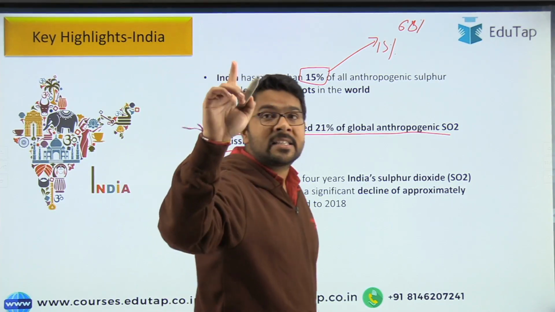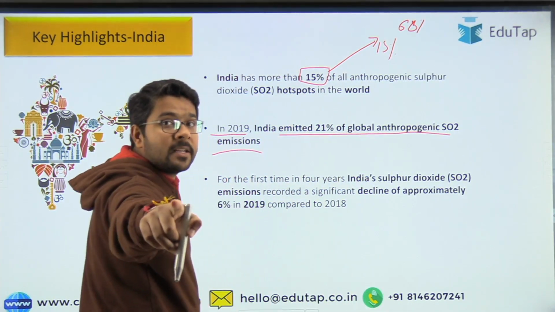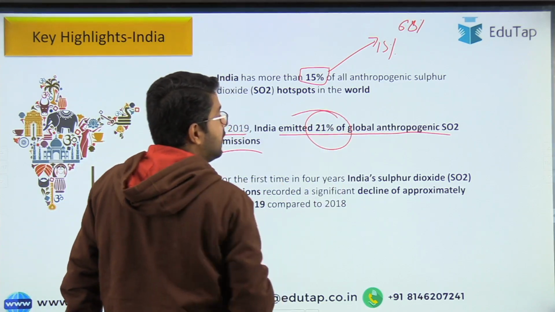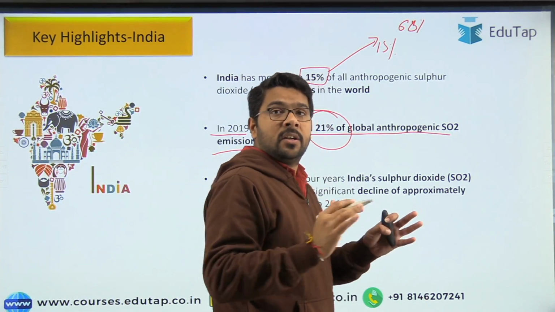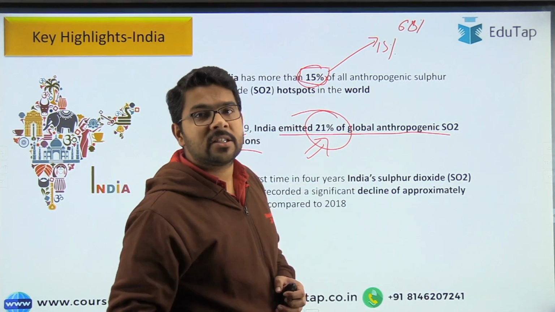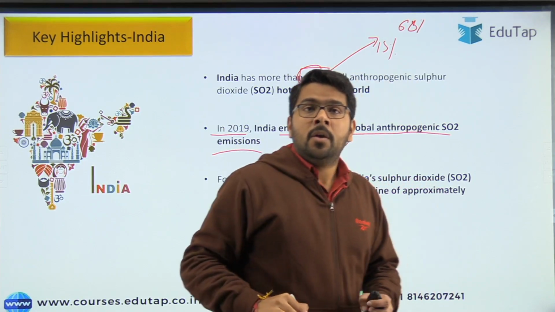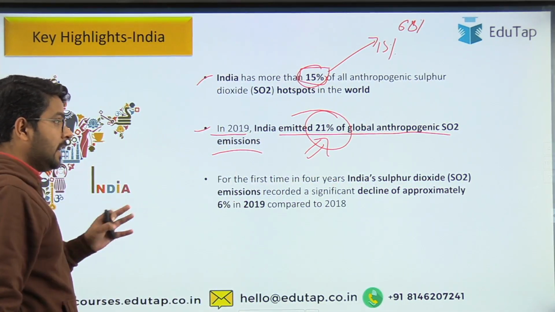Sorry, 68% was the total emission due to man-made activities, and out of that 68%, 21% was due to India. Okay, so guys, not this 15%, but this 21% out of 68% is due to India. So these are the two important points in regard to India.